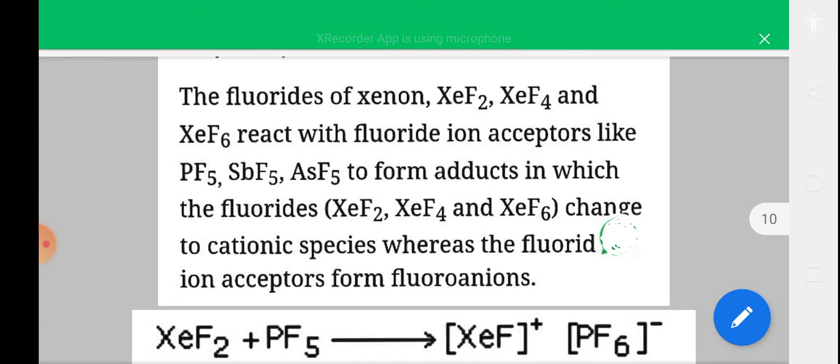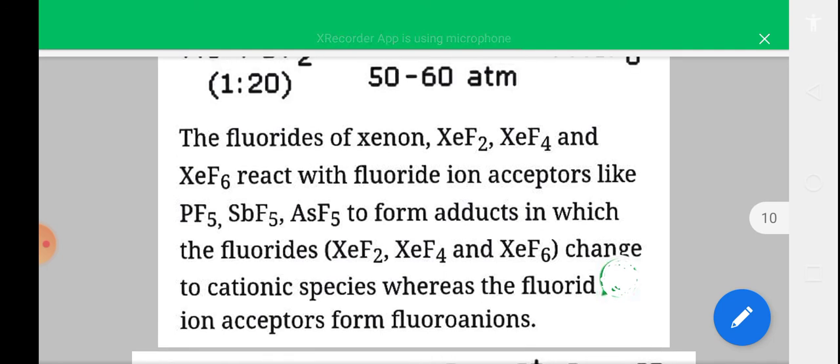The fluorides of xenon, that is XeF2, XeF4, XeF6, react with fluoride ion acceptors like PF5, SbF5, AsF5 to form adducts in which the fluoride changes to a cationic species, whereas the fluoride ion acceptor forms a fluoroanion.